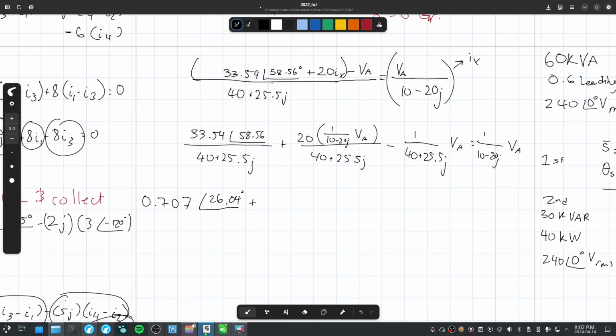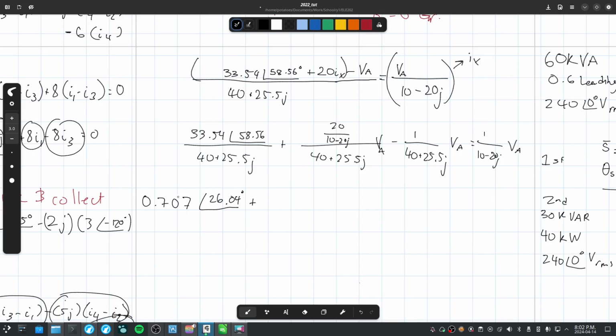Plus, now we can just move the 20 up in there and move VA out. So that's going to be like that, ugly as it is. On the top, 20 over 10 minus 20j over 40 plus 25.5j times VA.